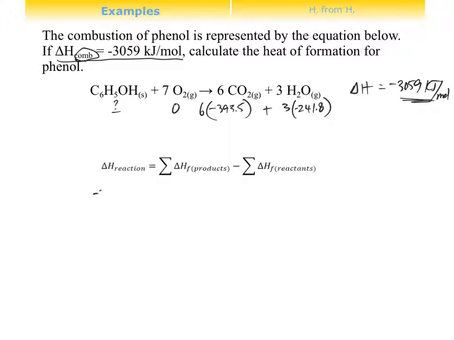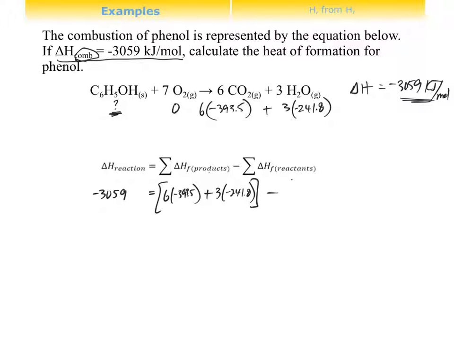So that's negative 3059 is equal to, add up the products. So that's 6 times negative 393.5 plus 3 times negative 241.8 minus the reactants. Oh, I don't know them. If I'm adding 0, I don't have to worry about that.